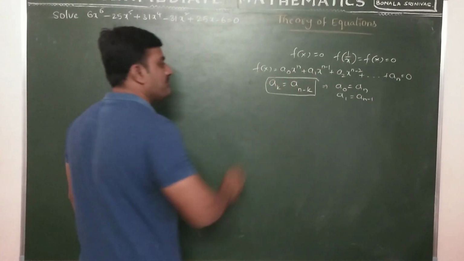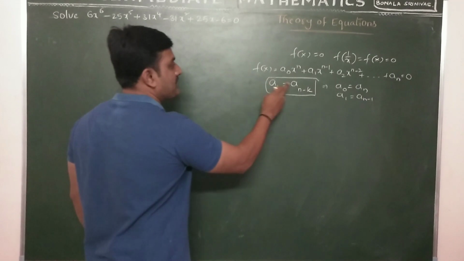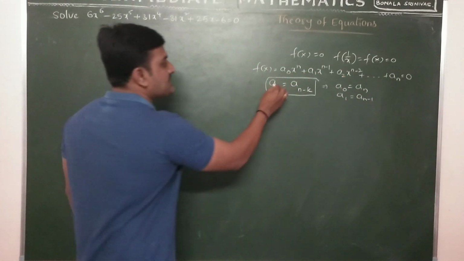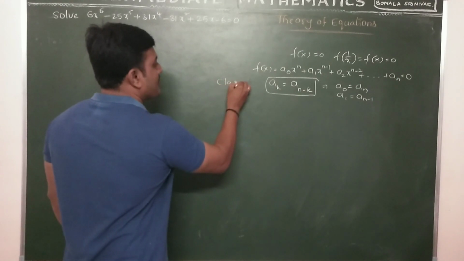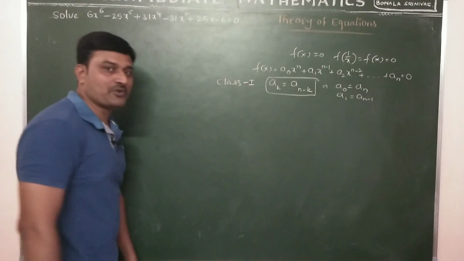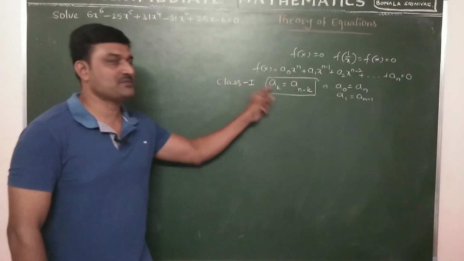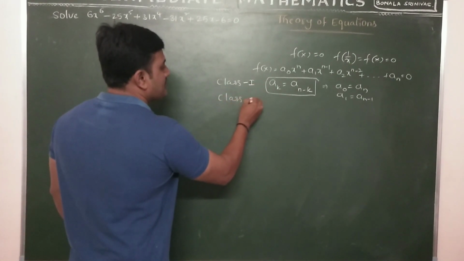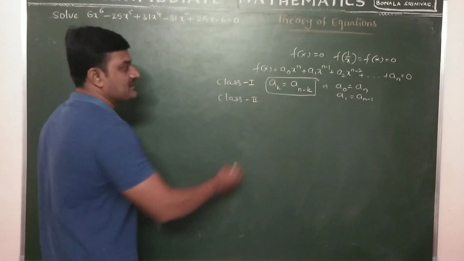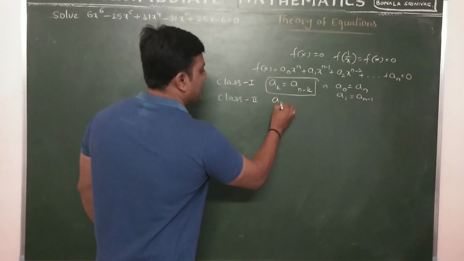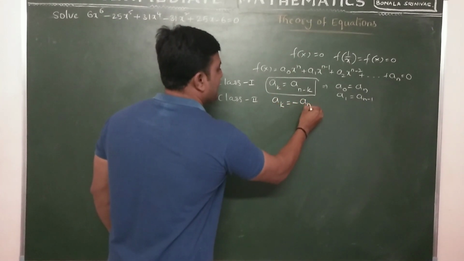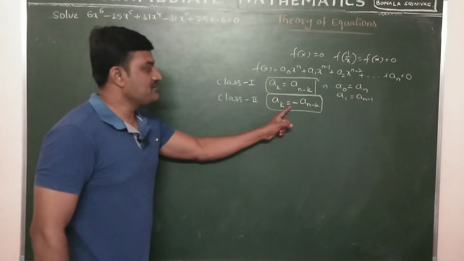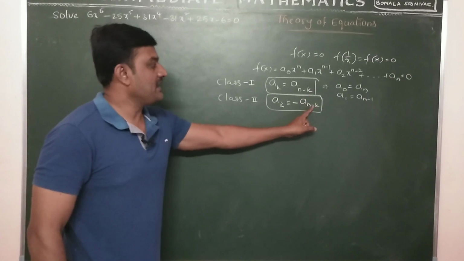Now the signs should also be equal, if it is plus, plus, plus, plus, minus, minus, like that. Now it is called a class 1 reciprocal equation. Similarly, a reciprocal equation of class 2 is when ak = minus a(n-k).